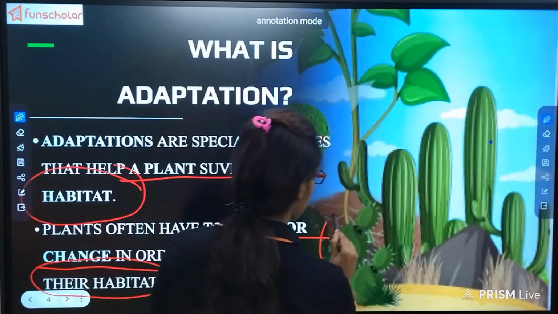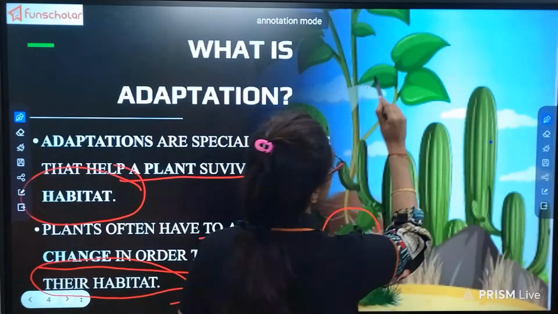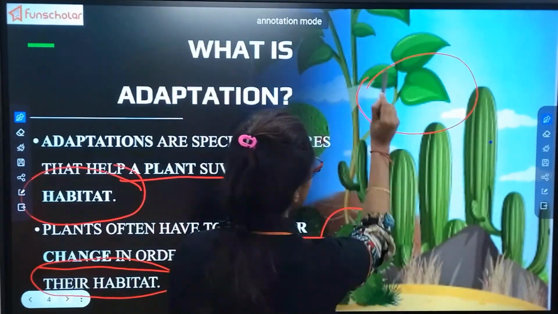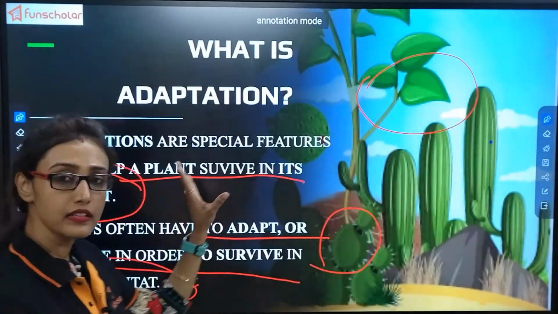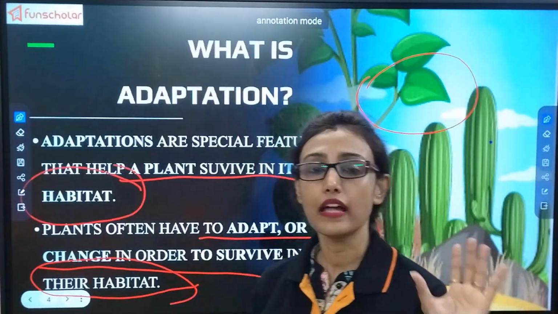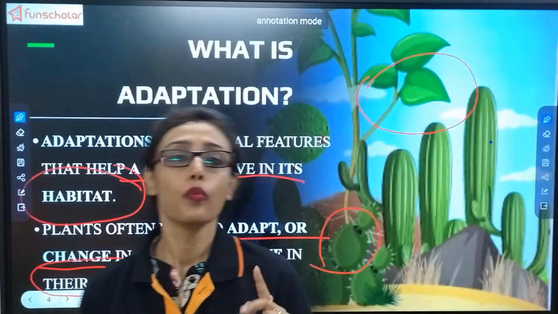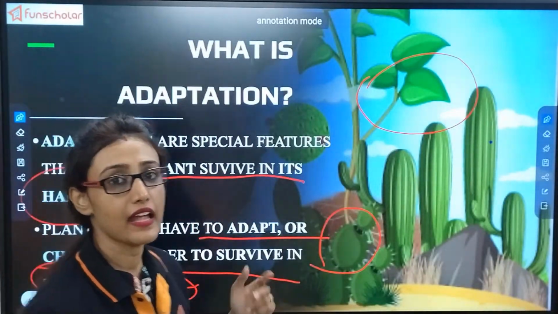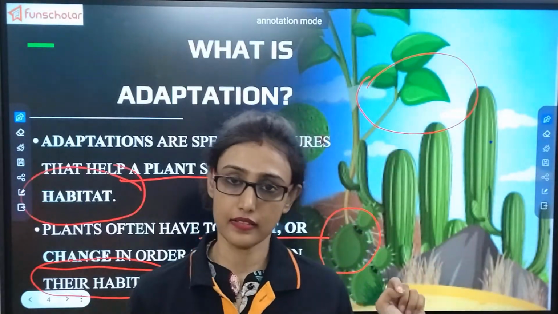See, this is a cactus plant. It has thorns. But this plant has broad leaves. Different plants living in different regions of the world are different from one another in their structure or morphology so that they can survive in their surrounding environment.